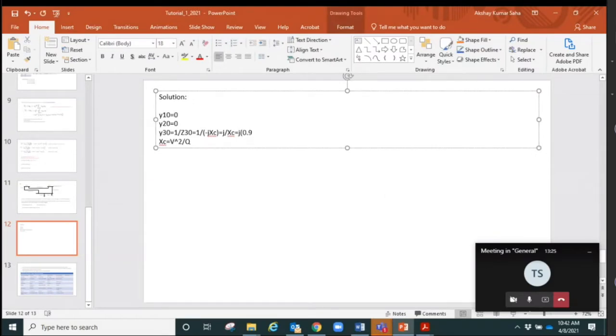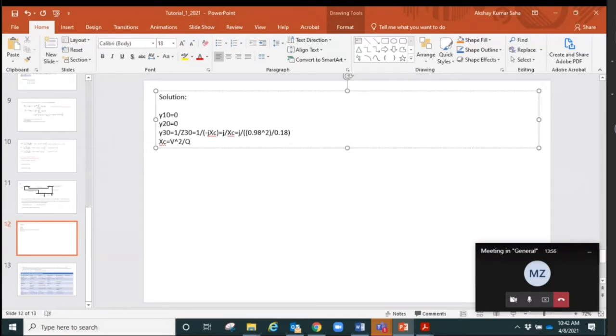So 0.98 squared over the Q, which is 0.18. Put another j over, another bracket there. It will make it easier for us to understand.